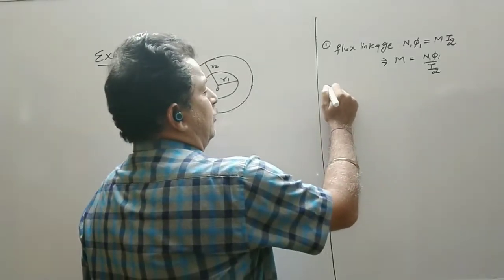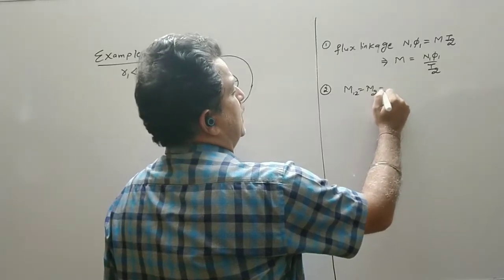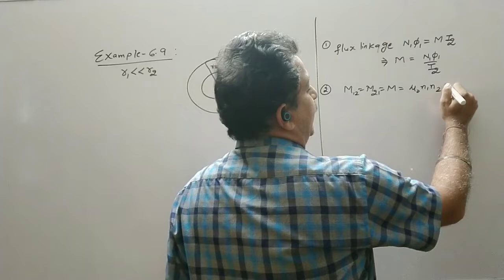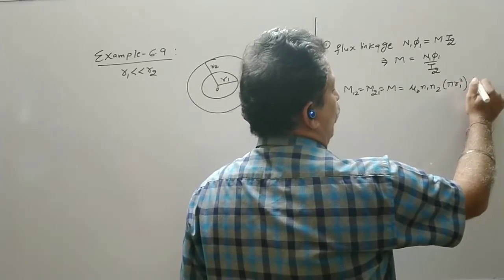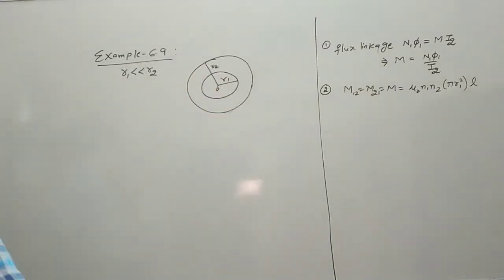Then we found that M12 = M21 = M = mu naught N1 N2 times the area of the inner coil or the smaller coil times the length. This was the mutual inductance of the solenoids which we derived in the last lecture. So this is the mutual inductance of the system of two solenoids.